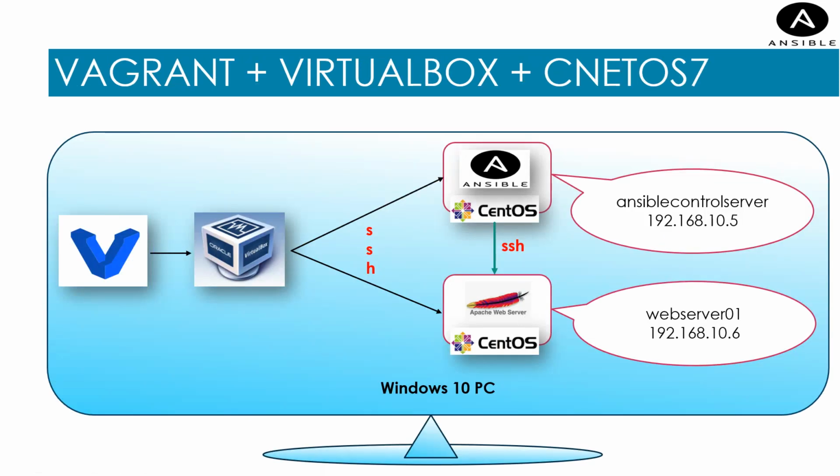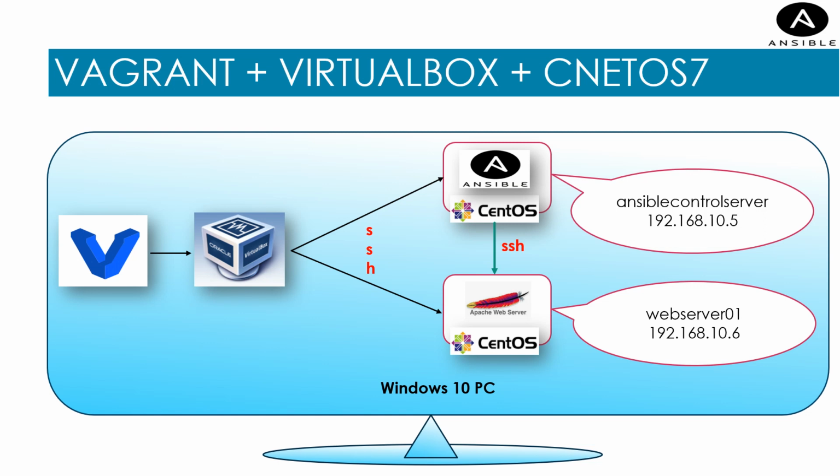We are going to provision two VirtualBox machines on a Windows 10 PC, one for the Ansible control server and another for an Apache web server, and both base OS will be CentOS 7.